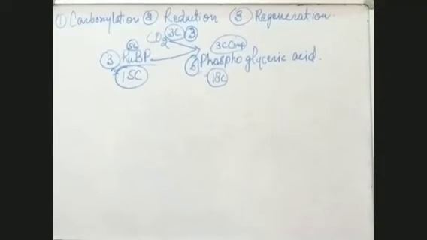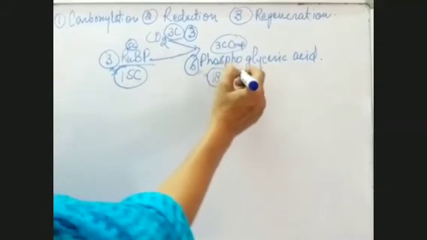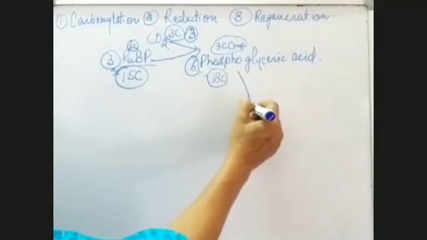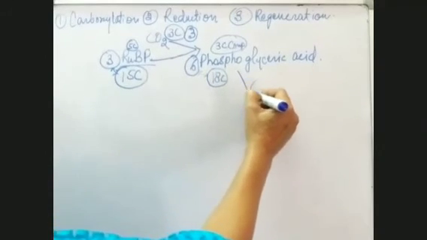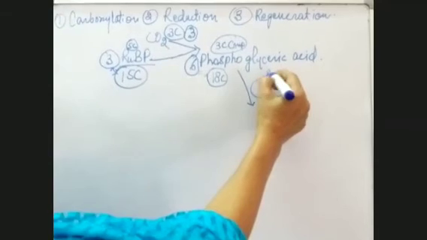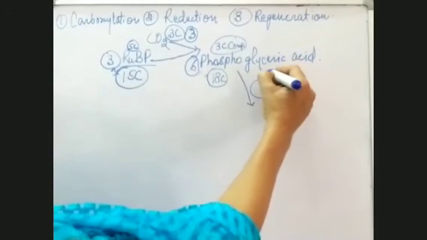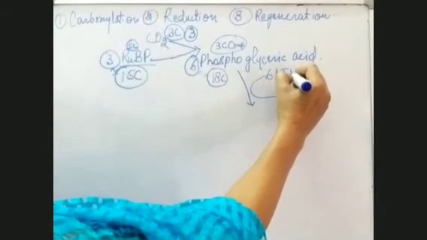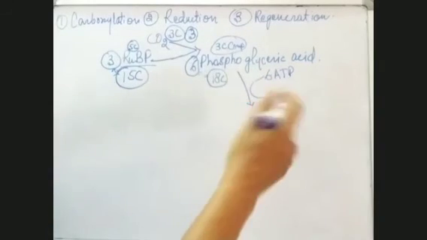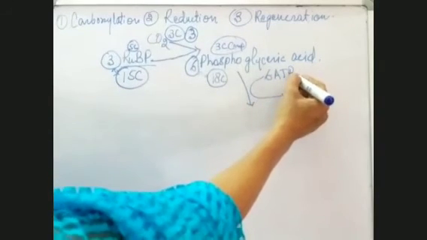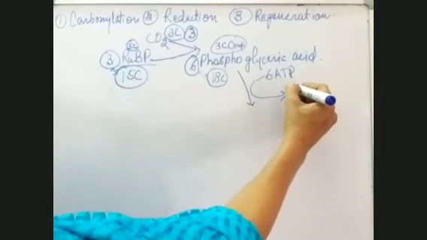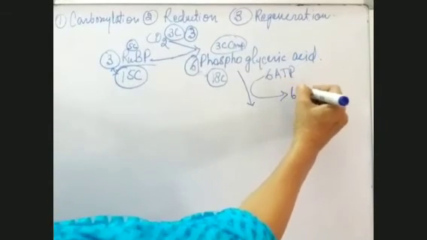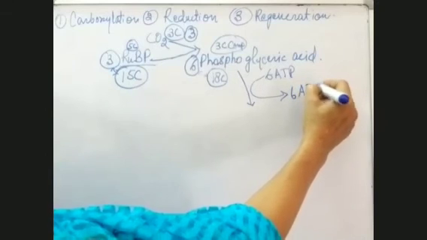Now after this process, phosphorylation took place. Phosphorylation means energy was liberated, and for that 6 ATPs were required. 6 ATPs were utilized, in this phase in which ATPs are utilized. These 6 ATPs get broken down with the formation of 6 ADP and the release of energy.